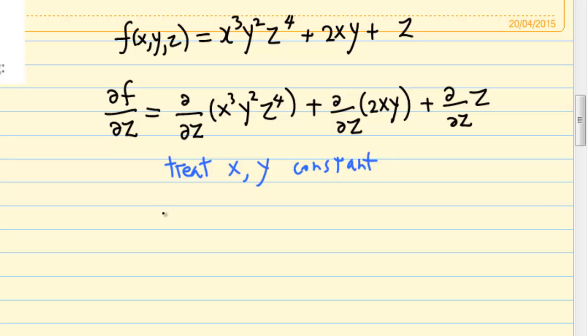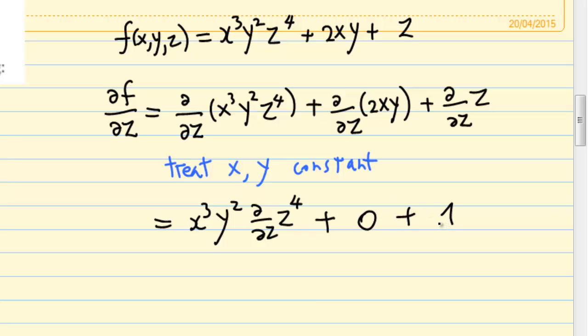So for the first term, x cubed y squared is a constant factor, and you differentiate z power 4 with respect to z. For the second term, you get 0, since 2xy is a constant, and you differentiate with respect to z. For the third term, you get 1, since differentiating z with respect to z gives 1.